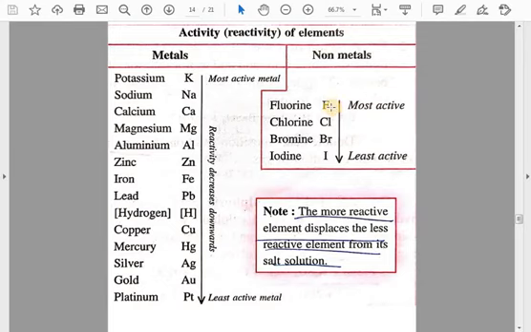Fluorine is the most active, iodine is the least active. So, the more reactive element displaces the less reactive element from its salt solution. So, potassium can displace any one of this, but gold cannot displace potassium, or mercury cannot displace potassium. Now, here hydrogen is taken in between as a reference material.